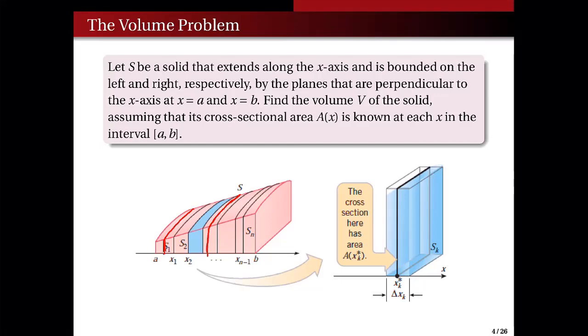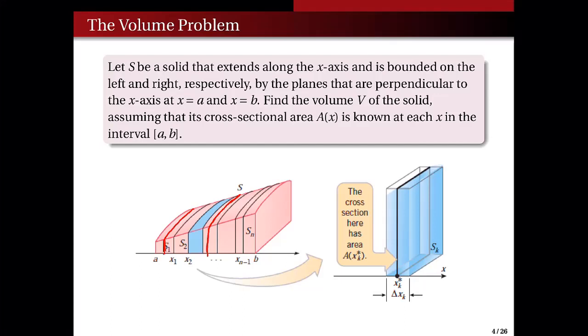So we have this solid, we lay it flat on the xy plane, maybe, or on the floor, and then you get the leftmost side of your solid that will represent your x equals a, and then you get the rightmost side of the solid that will represent your x equals b.